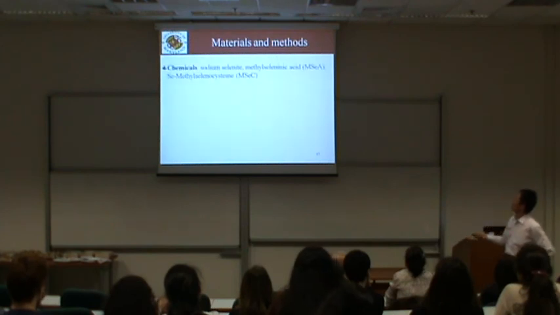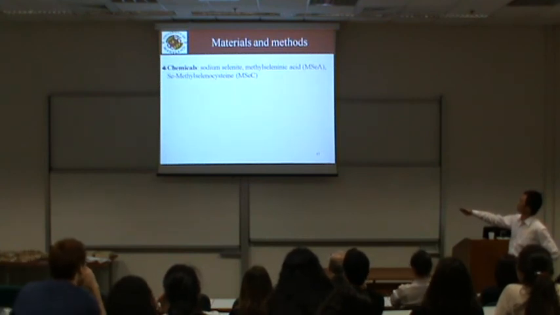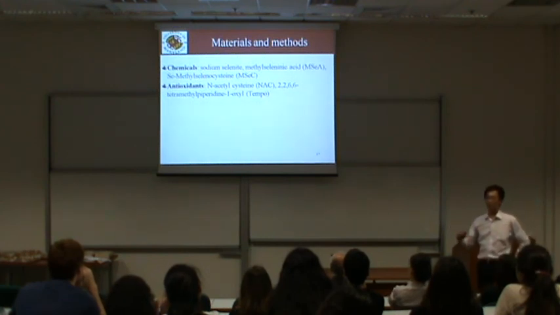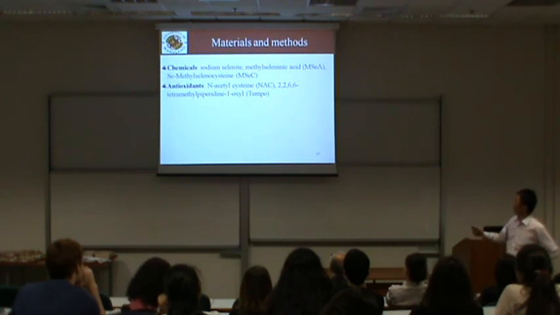For the first experiment, we used different forms of selenium compound, organic or inorganic forms. Because supranutritional levels of selenium induce oxidative stress, as a control, in some experiments we treated with antioxidant.